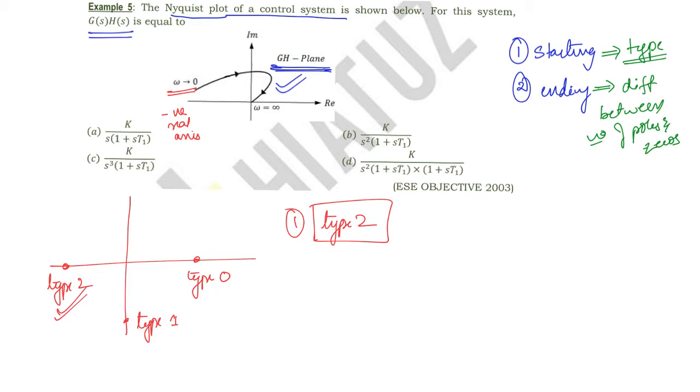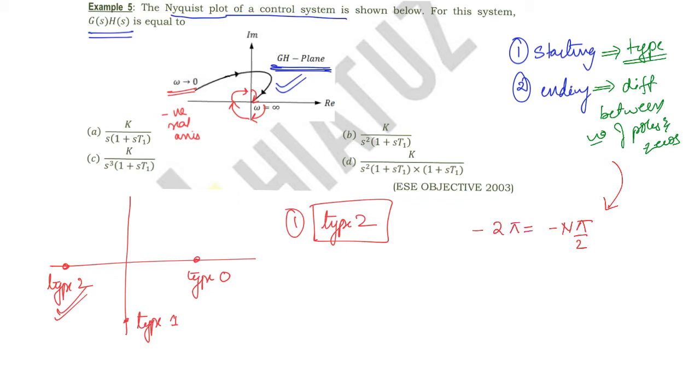Secondly, where is it ending? What is the angle at which it is ending? We know that the angle of ending is given by minus n pi by 2, where n is the difference between the number of poles and the number of zeros. If you consider the negative angle, this will be minus 90 degrees, this minus 180, minus 270, and this is minus 360. So it is ending at an angle of minus 360, which is minus 2 pi.